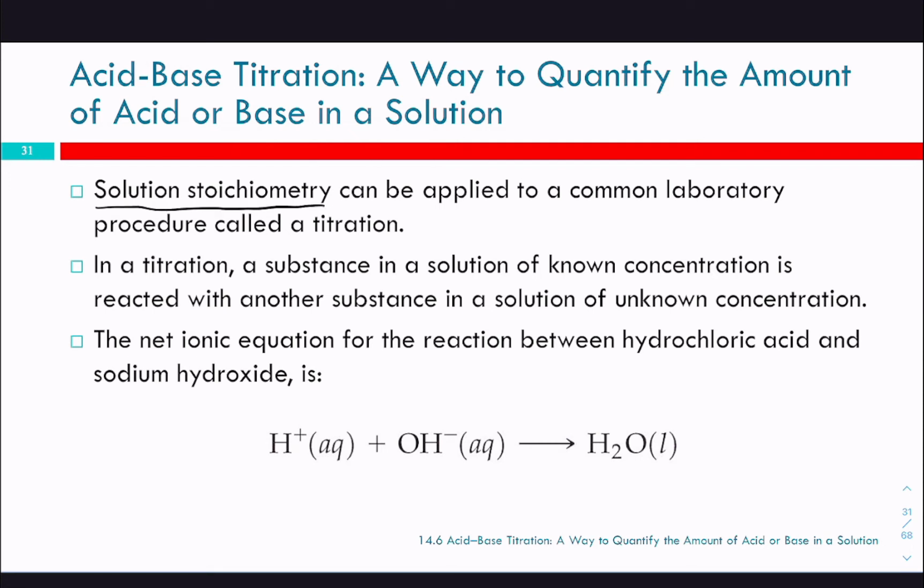So solution stoichiometry, that's usually molarity and volume, then calculating moles of A to moles of B. The key part for solution stoichiometry is that we're using concentration and volume to calculate the number of moles.